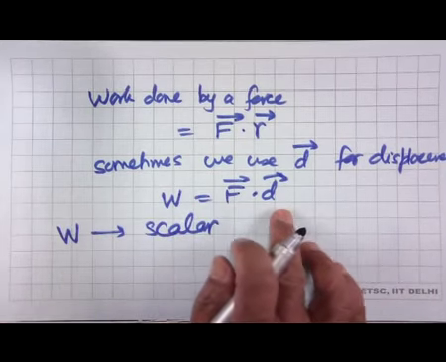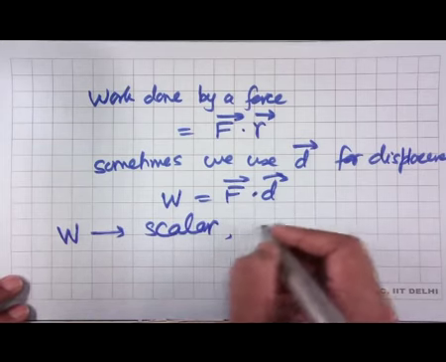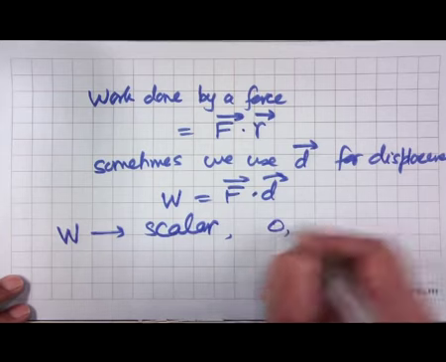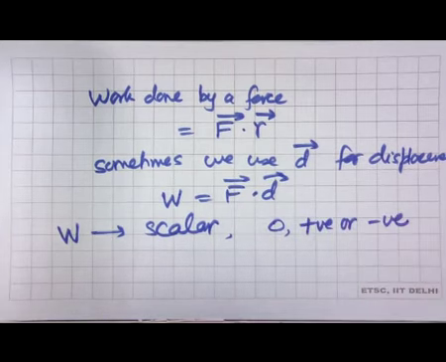F and D are vectors, but work done is a scalar, which can be either 0, positive or negative depending on the angle between F and D.